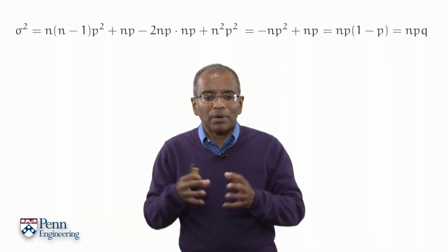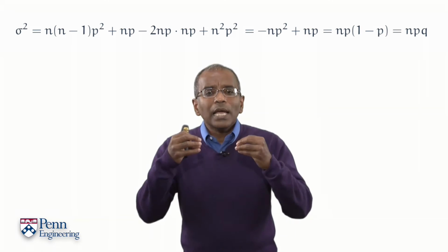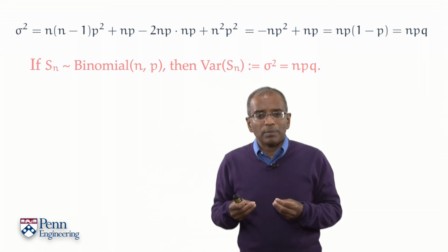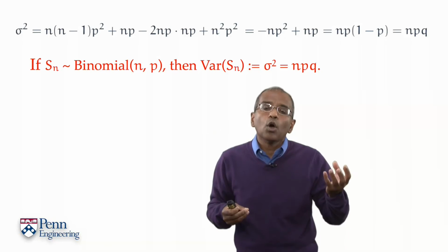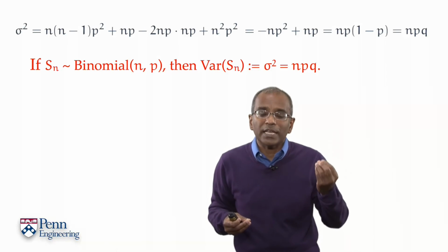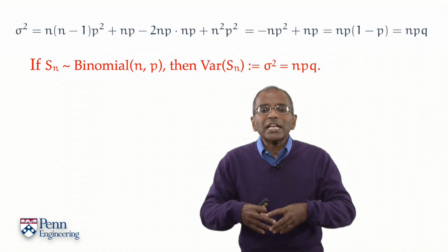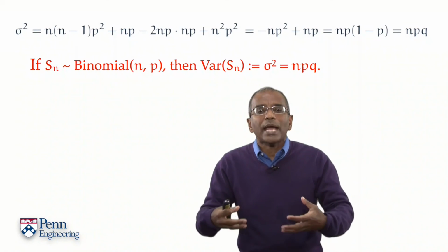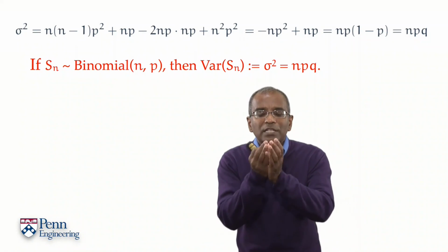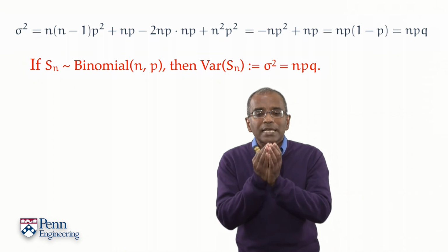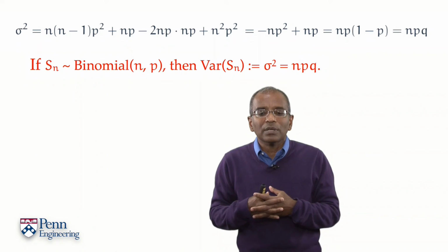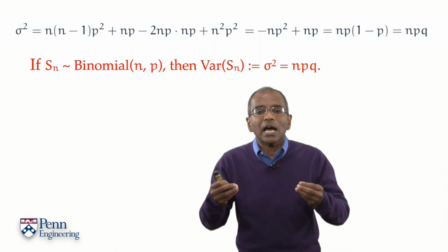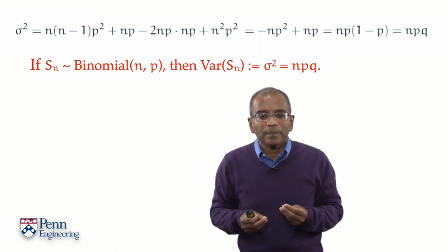And so, to summarize, if one has a binomial experiment, if one accumulates successes over n tosses of a coin whose success probability is p, then the expected squared spread around the expected value, around the mean, around the center of mass, in other words, the variance of this distribution is exactly n times p times q.